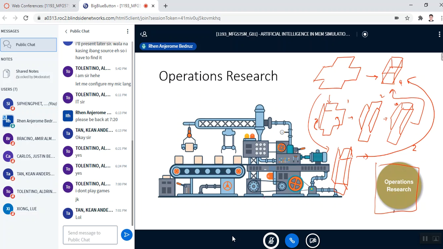Another operations research problem is, for example, you have been a consultant of McDonald's. If you're a consultant of McDonald's, you need to improve their sales. How would you improve their sales?